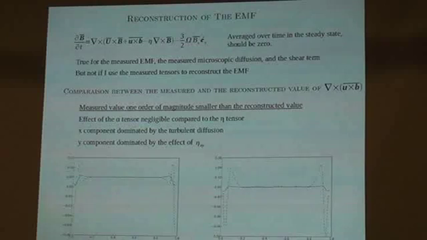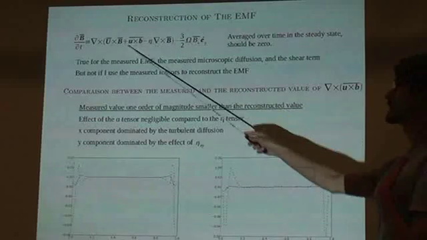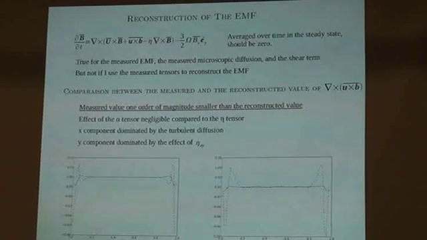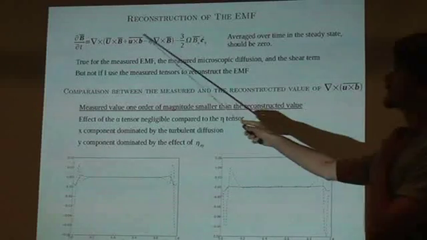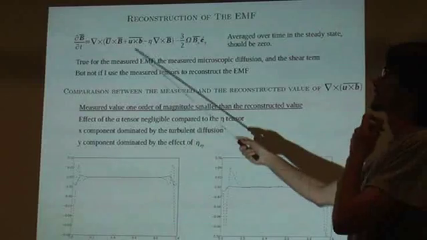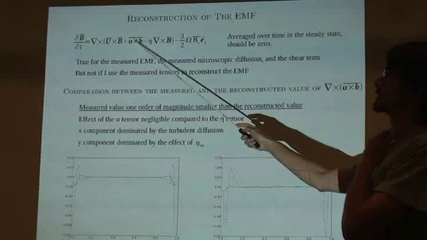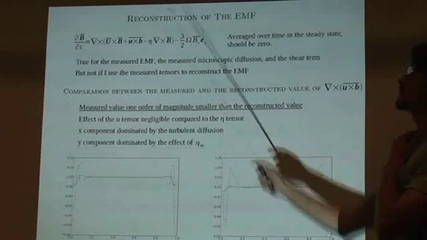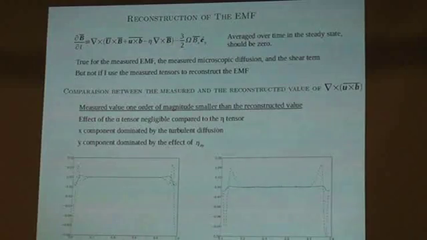There are two possible explanations for this. The first one was that we haven't taken into account the alpha xz and yz components, which represent the dependency of the EMF on my vertical imposed field.